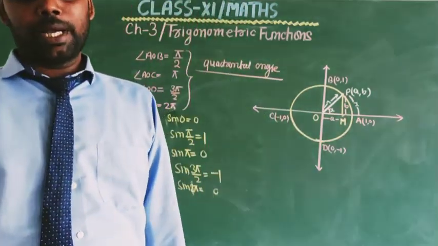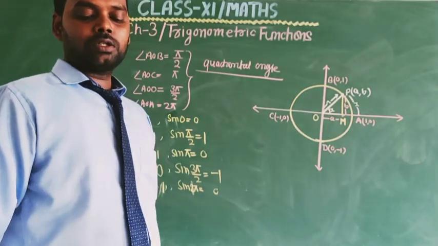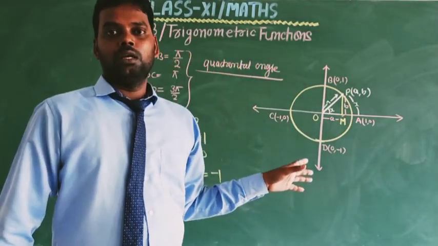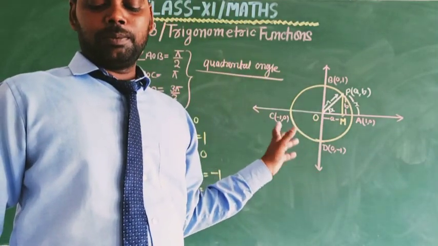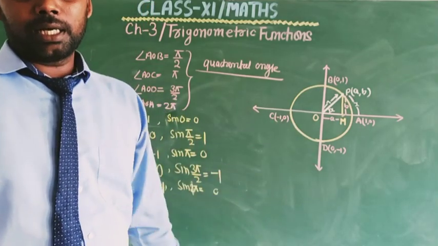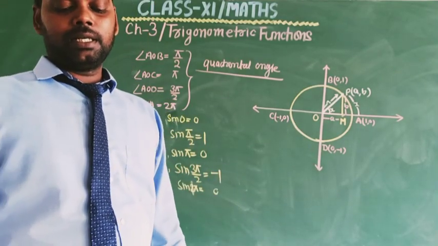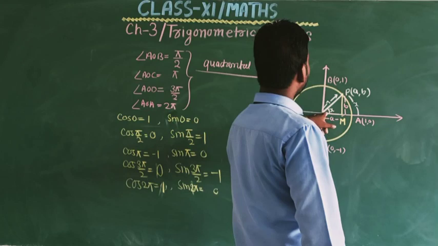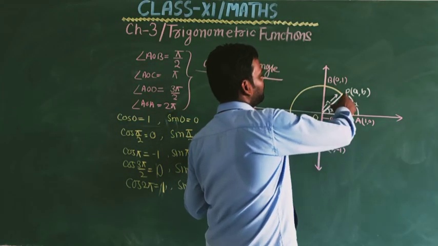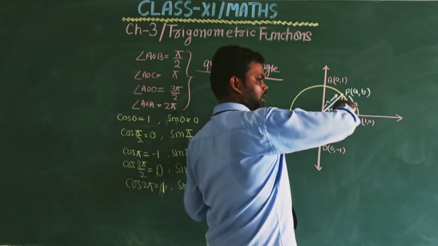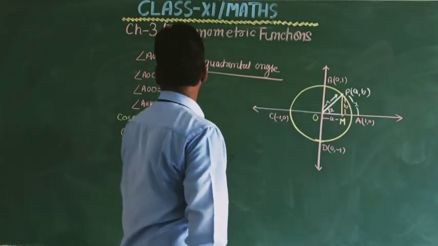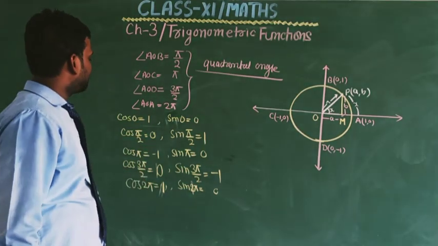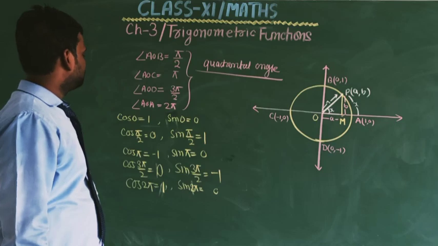Okay, it comes back to the same point P. Thus we also observe if x increases by any integral multiple of 2 pi, if point P moves on the circle, then x increases as a multiple of 2 pi.